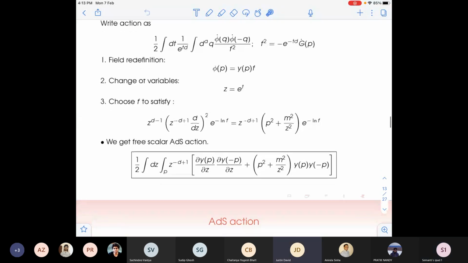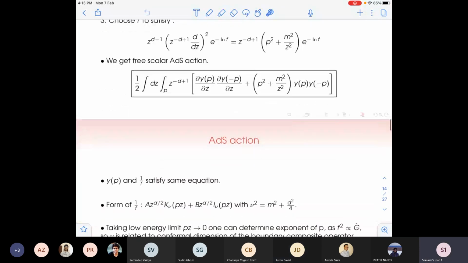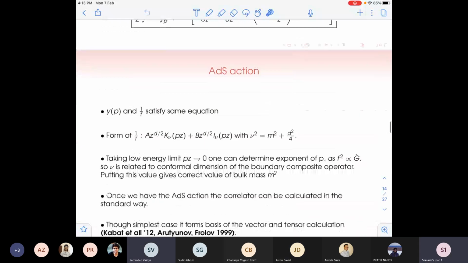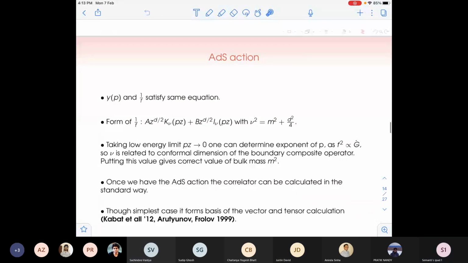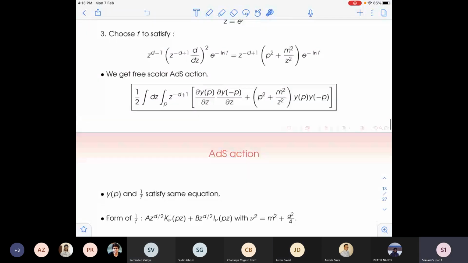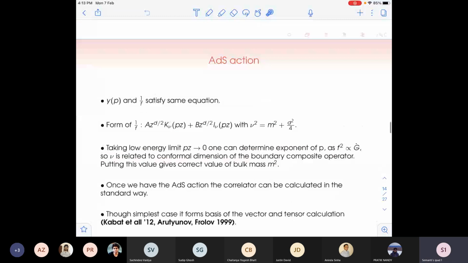That's what I told in this slide. Is it going to come out? Yeah, it comes out. You solve the equation, which constant you are getting. So 1 by f is in this form. Now nu is given by this relation.